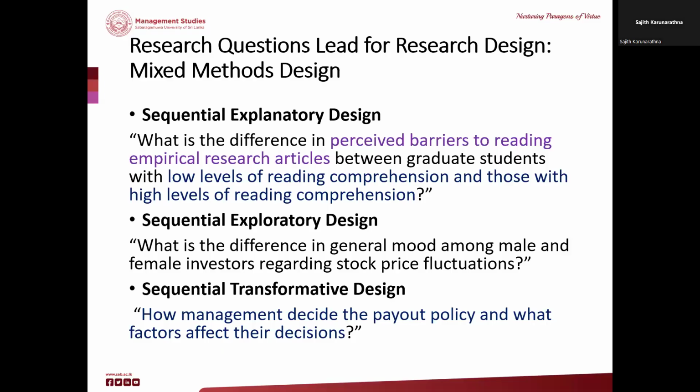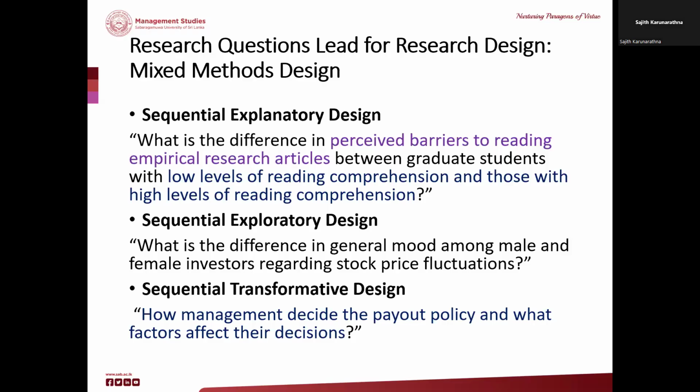So, sequential explanatory design. Quantitative is followed up by qualitative. There is a sequence: quantitative first, qualitative next. This applies to both data collection and data analysis, not only data collection.